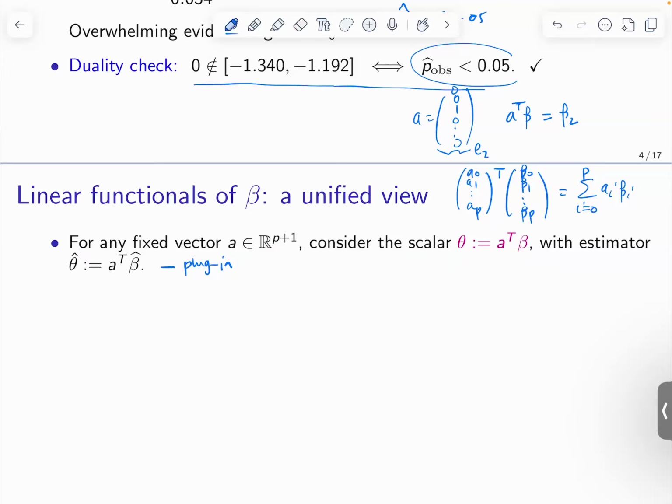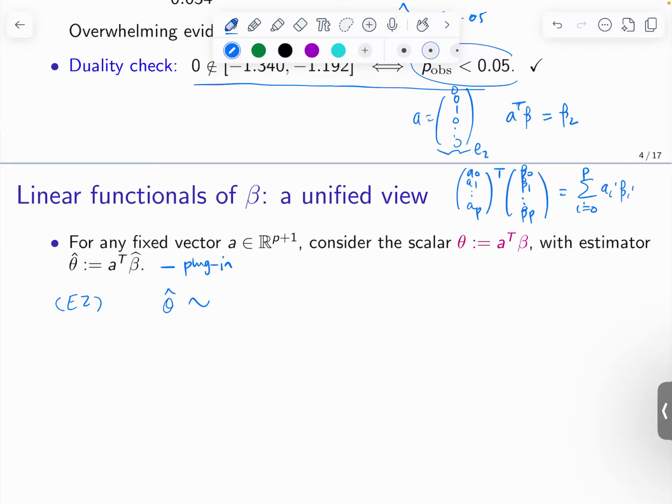So how do we build the other machinery, like the pivot, and do the confidence interval? What is the first step? Yes, get the distribution. Great. The first step would be to figure out the distribution of this.